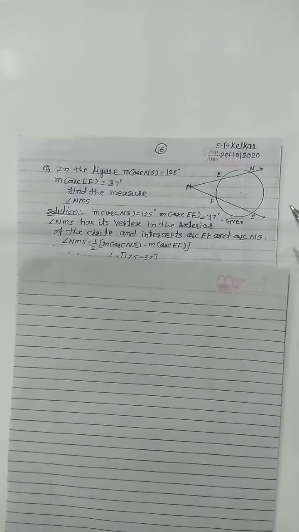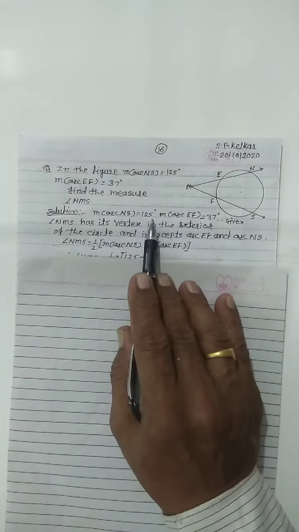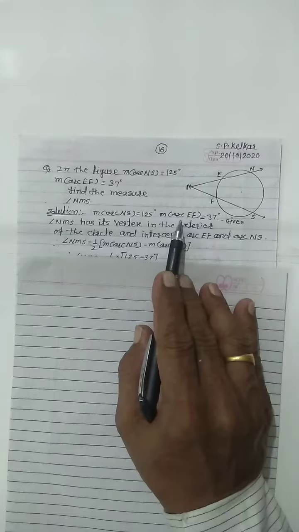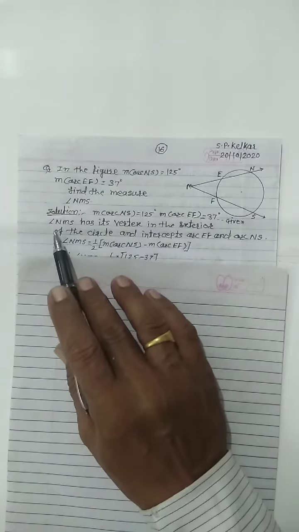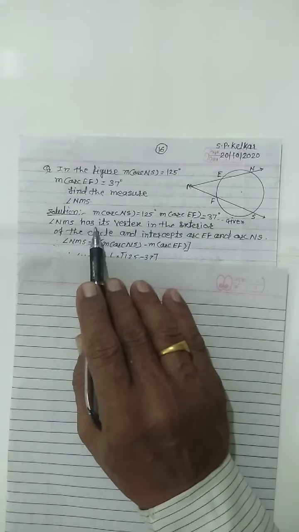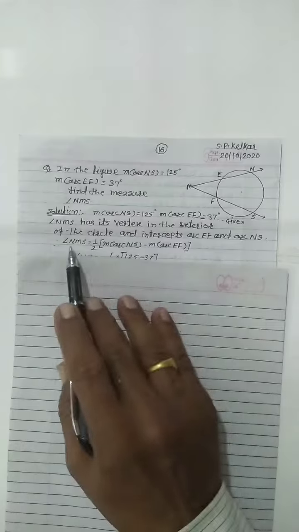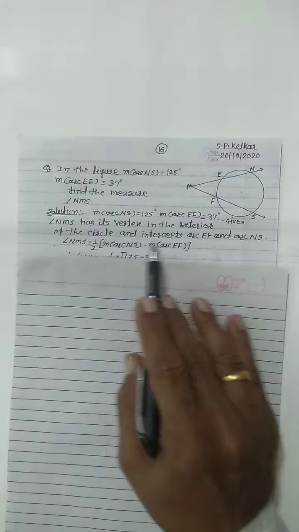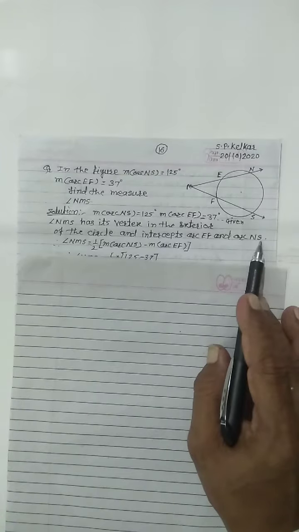Now, solution. The given is measure of arc NS equal to 125 degrees, measure of arc EF equal to 37 degrees. Then angle NMS has its vertex in the exterior of the circle and intercepts arc EF and arc NS.